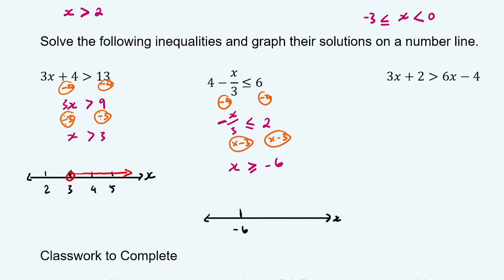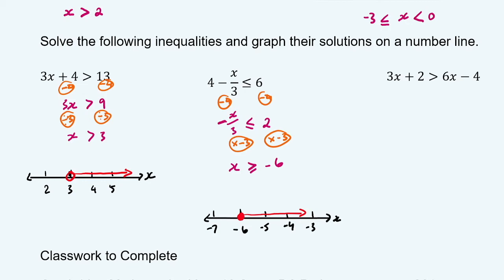I'm going to pop it down the bottom end because we are looking for something that is greater than -6. This time though, it is a greater than or equal to, so this time it's a closed circle. Then we put the arrow going in the direction that we need it to go in. And that's what that one looks like.